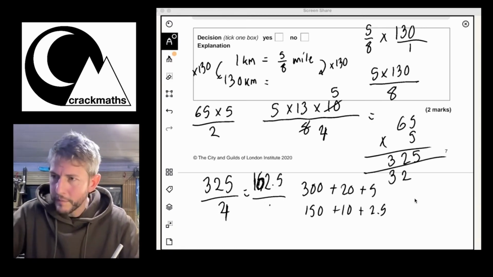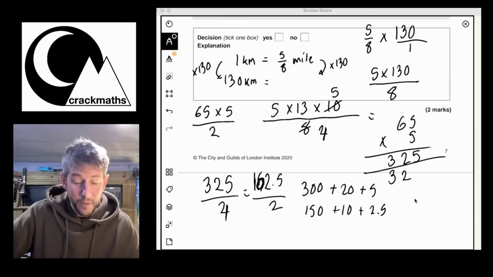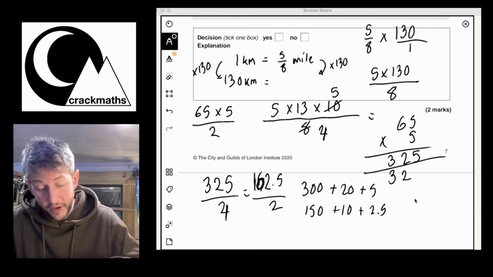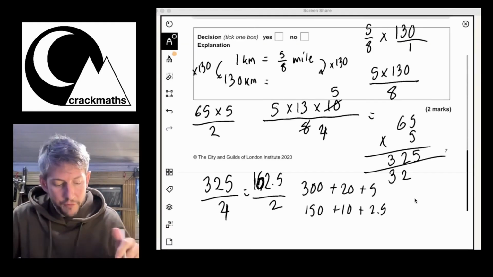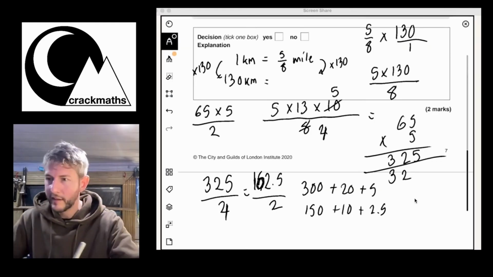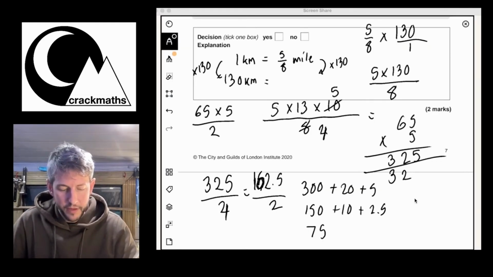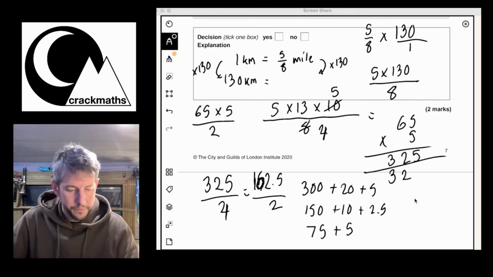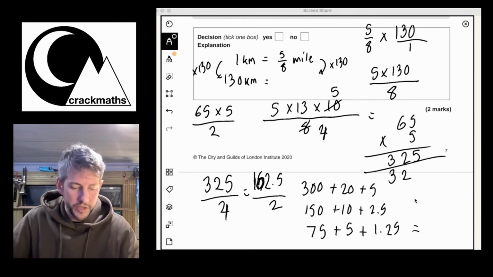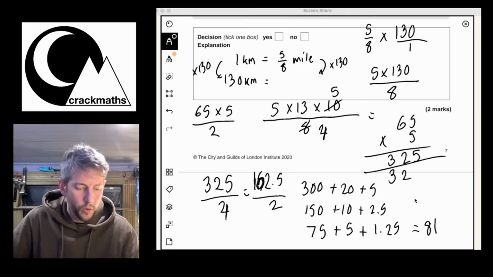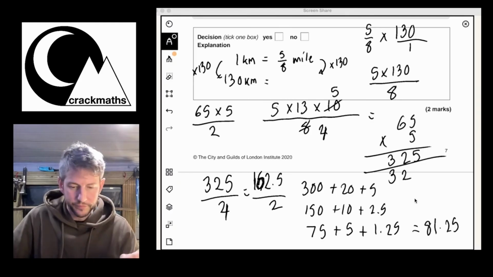So this becomes 162.5 over 2. Now we're looking at 162.5 divided by 2. So I've got to halve all of these components again. This is going to become 75, this is going to become 5, and this is going to become 1.25, which equals 81.25.